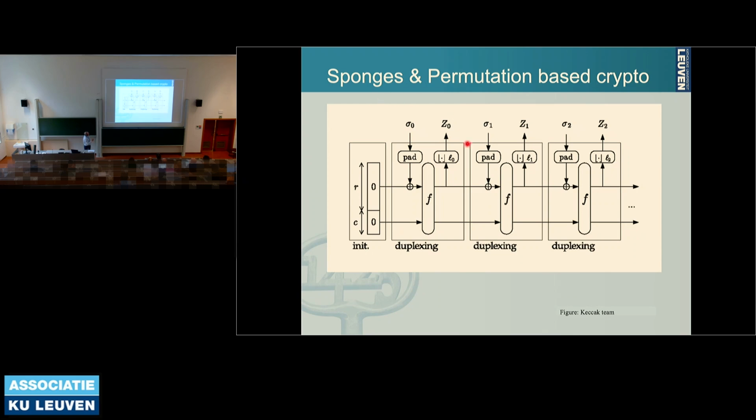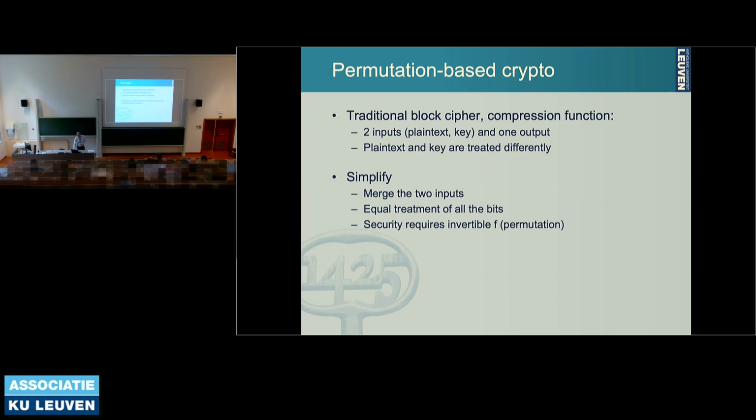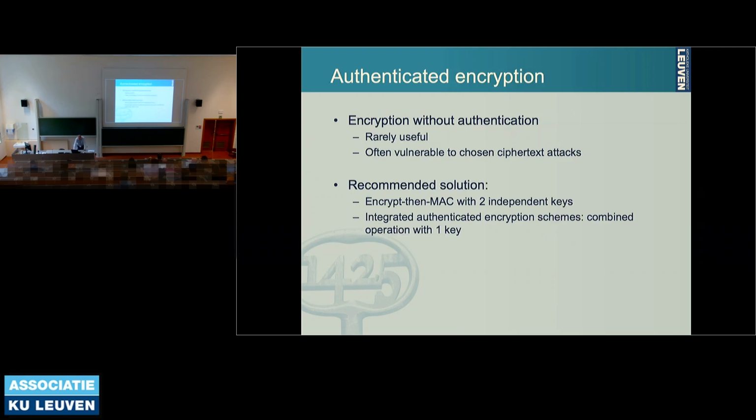And it's called permutation-based crypto because this function here is a permutation, contrary to the hash functions from the past and before SHA-1 that all use compressing functions, not permutations. Yeah, that's what I put here as well. I'll skip that and I'll show you a few remaining modes of operation.